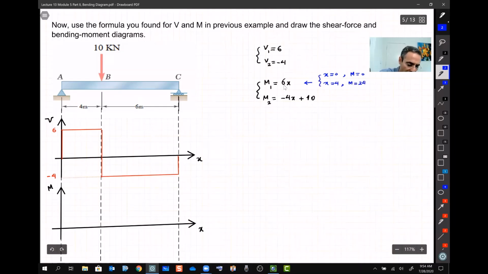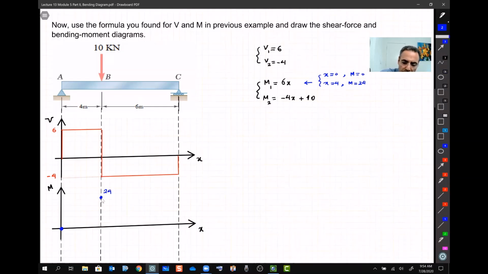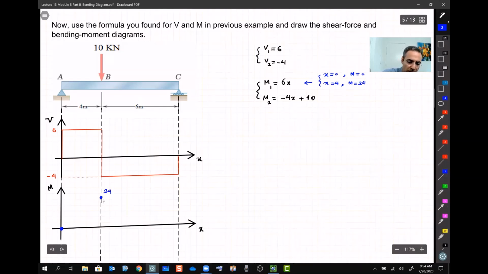So at the beginning on this graph at the bottom here, it's 0, and then at the point where x is equal to 4, it is 24. So this point here is 24.